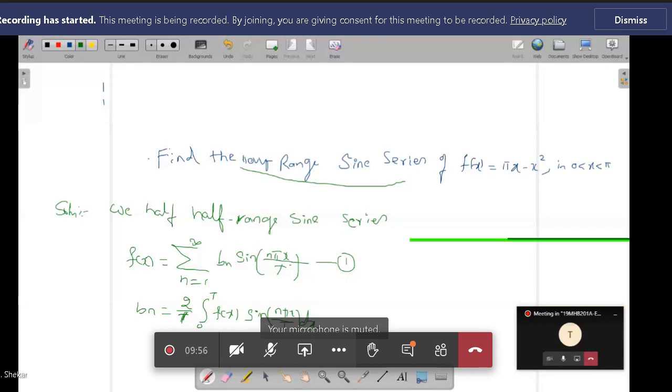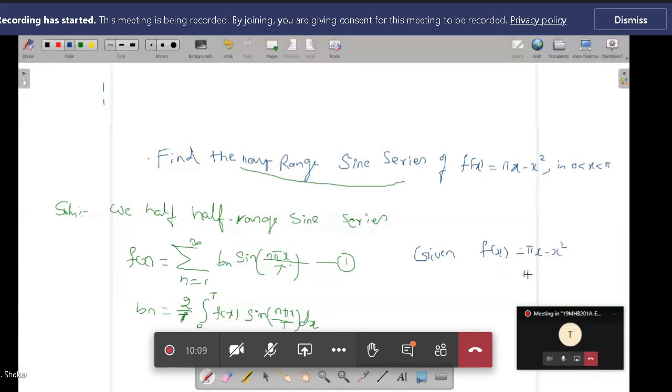So here the given information is f of x is pi x minus x square and t is pi. Because you have to define a function in the interval 0 less than x less than t.